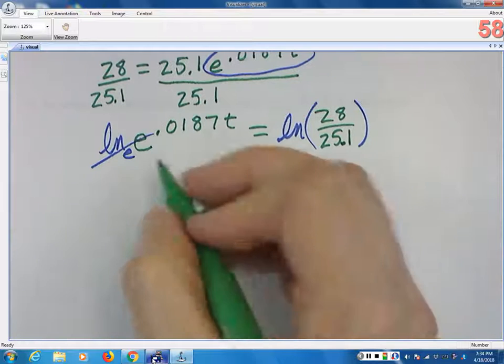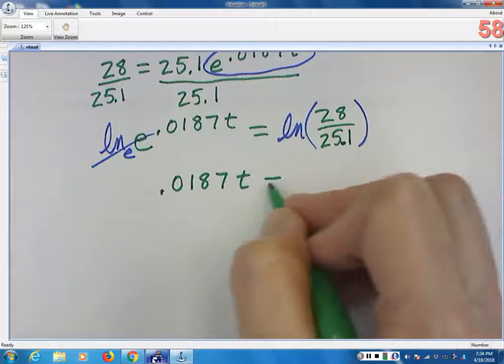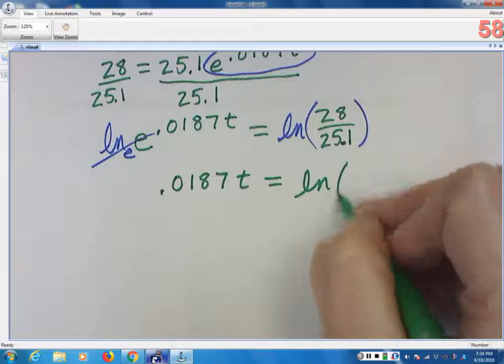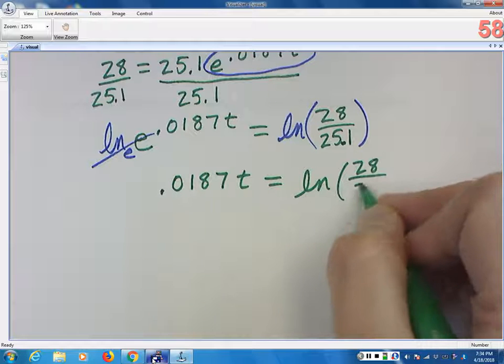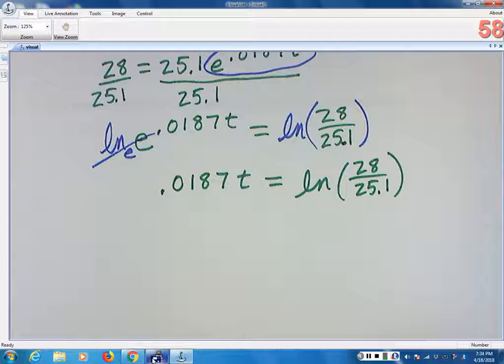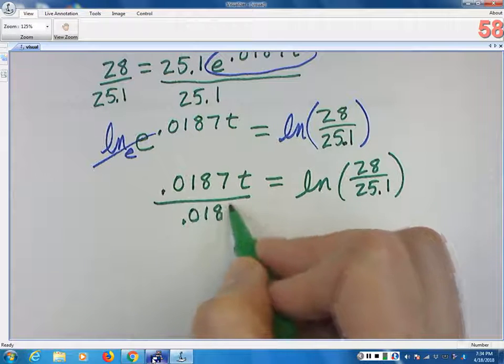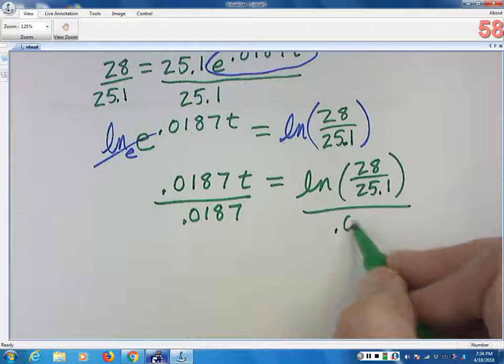So we have 0.0187t equals the natural log of 28 divided by 25.1. And then we divide by 0.0187 to get t by itself.